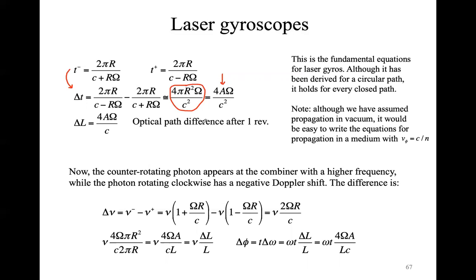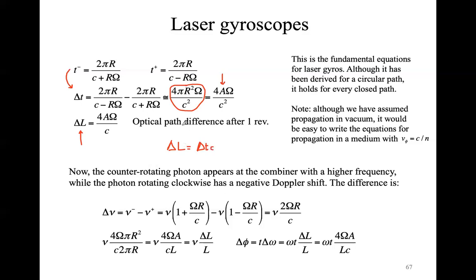If you want to determine the optical path of the signal that you are measuring as the interference of the clockwise and the anti-clockwise signal, it is delta L. So you have to multiply delta T by C: delta L equals delta T times C, and you get the optical path.